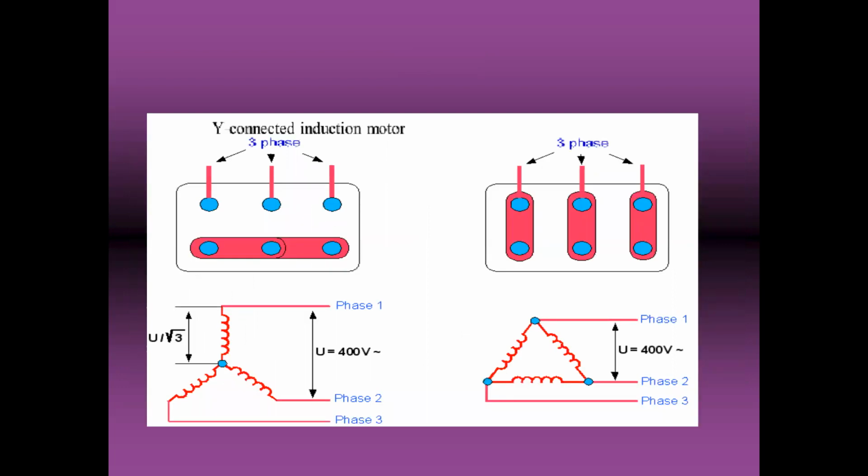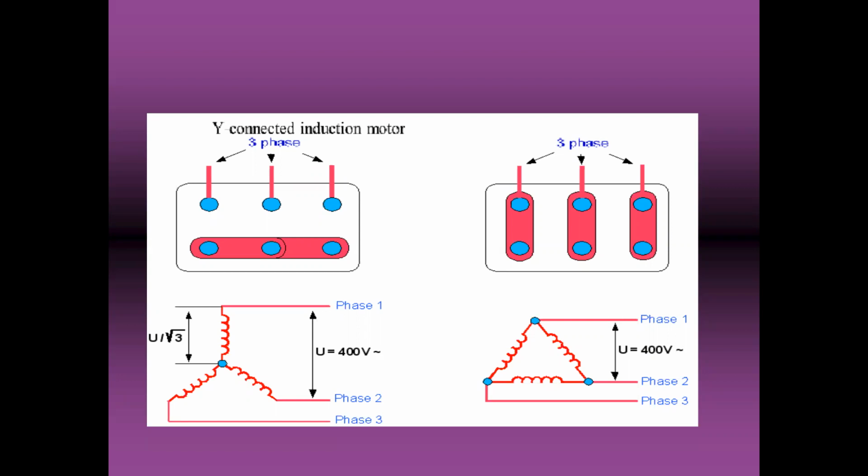Now on the stator we have a terminal box here. Six terminals come out. Then we make the connection here, star or delta. In a DOL starter or VFD, we have a fixed connection, star or delta. But in star delta, in starting we start the motor connected in star.